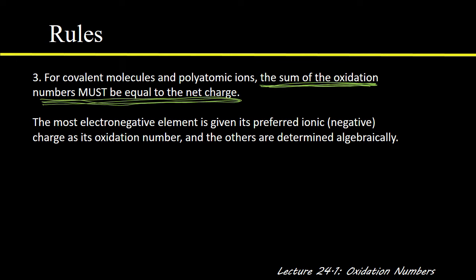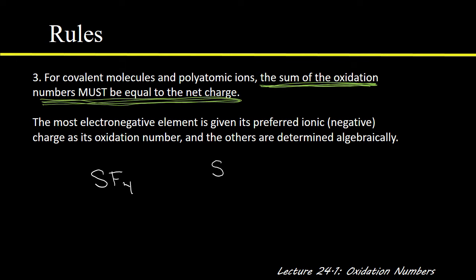Okay. So this means you're going to end up with 2 elements. Let's take an example like sulfur tetrafluoride. Okay. So this is a neutral molecule. We know that the sum of the oxidation numbers has to be equal to the net charge. Since it's neutral, the net charge is 0. So I'm going to set up a little algebraic equation here, setting these oxidation numbers equal to 0.